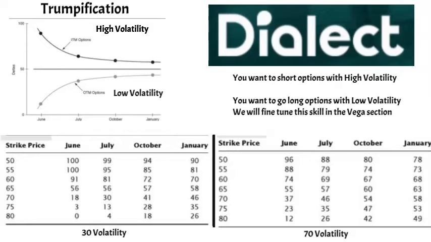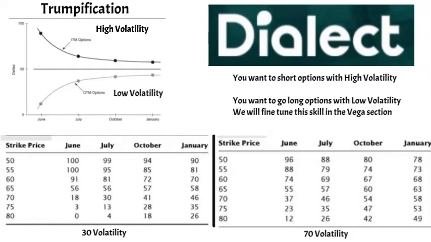Because remember in the time effect class, I said all options tend to magnify the further out in time towards the 50. So the delta of at the money options holds steady around 50. Now, why is Trumpification important? Well, it shows how an option's delta changes as the option approaches expiration or hits volatility.